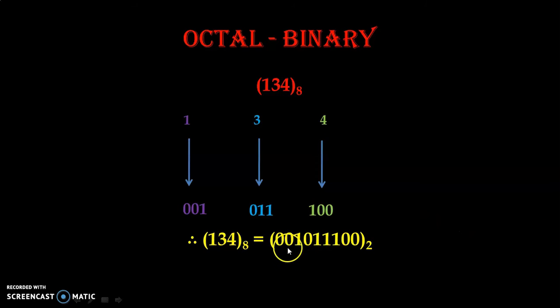So here we have 001, so 00 can be omitted, right? So for the sake of simplicity, we can write the equivalent binary number for octal 134 as 101100. We cannot omit 0 from the least significant side, from the right side. On the left side, if we have additional zeros, they can be omitted.